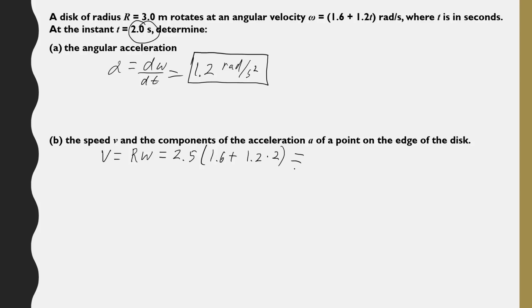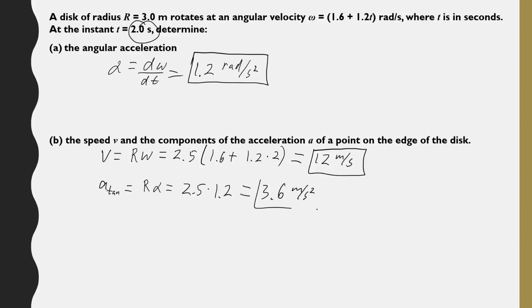Throw all that in and multiply, and you come out with 12 meters per second. So moving quite quickly. Then we want to find our tangential and centripetal accelerations. Our tangential is going to be r times alpha. R is 2.5. Alpha was a constant 1.2, and so that works out to be 3.6 meters per second squared.